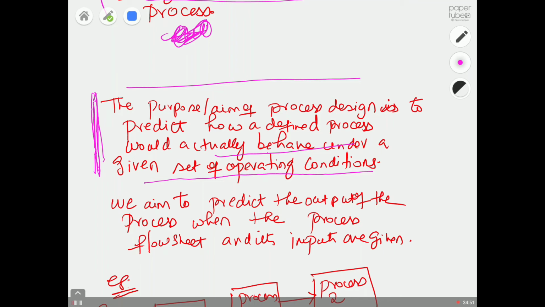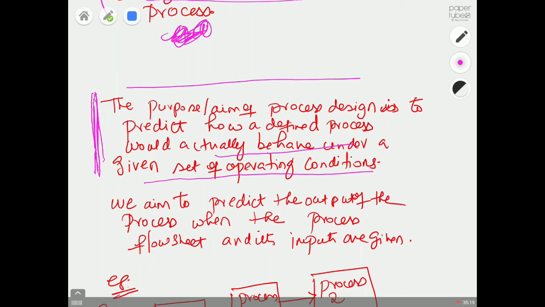We are going to simulate this as a function of operating variables and operating conditions. Operating variable, I mean if you change a flow rate, what happens to your product concentration and so on. I wrote it in a bit more detail in the next 2 pages, so you will understand at the end of this lecture what process simulation can do.